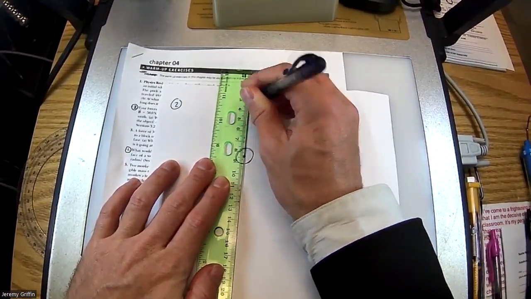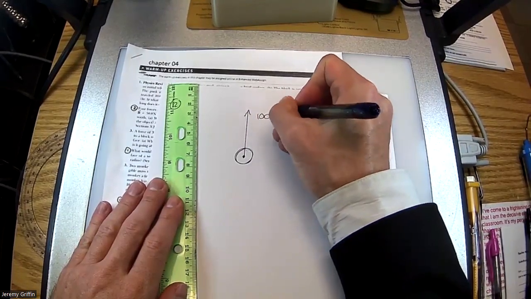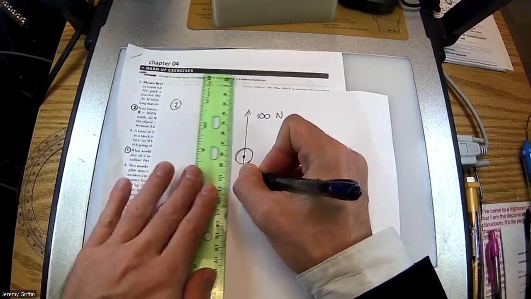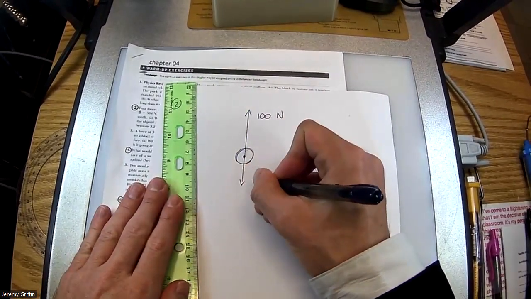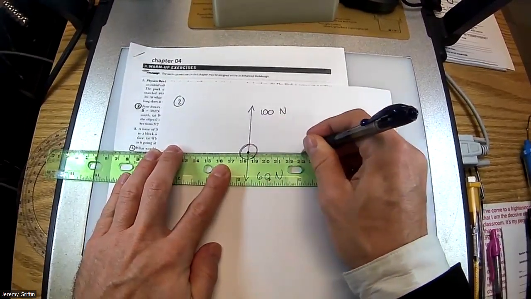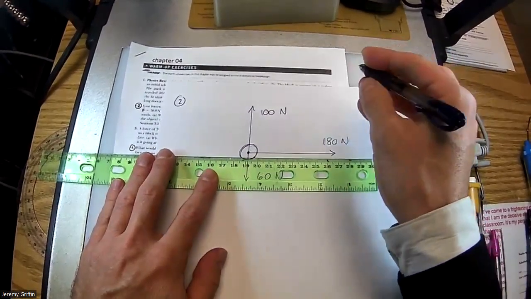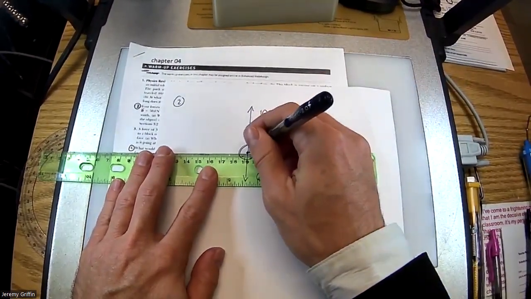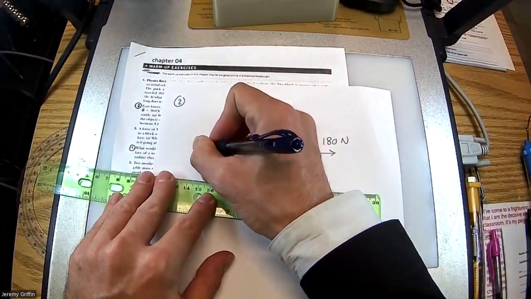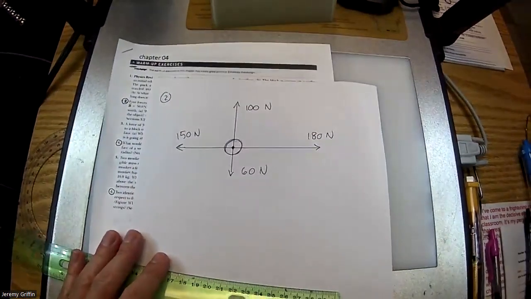What if the north kick was 100 newtons, the south kick was 60 newtons, the east kick was 180 newtons, and the west kick was about 150 newtons? Just big crazy numbers.